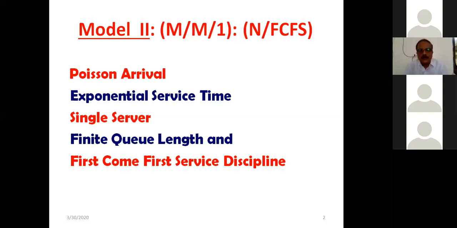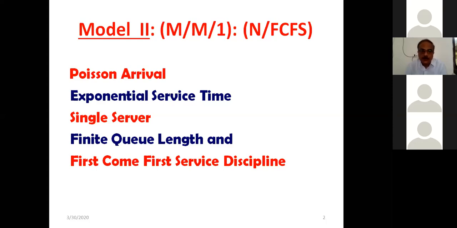So in this particular model, we are having a waiting system or queuing model where the server is only one. The arrivals are following a Poisson distribution. The service pattern is exponential. Only one server, single server is there.